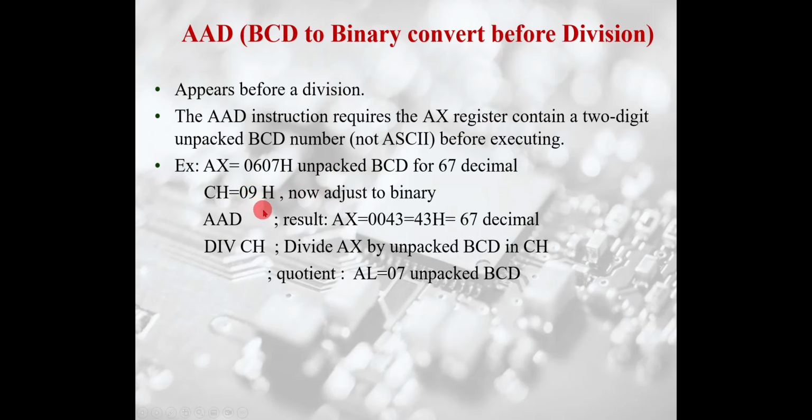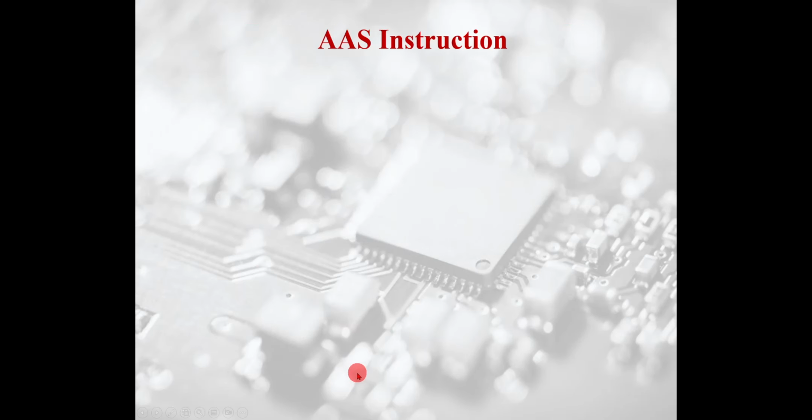If you have a BCD or ASCII number which you are picking up from your keyboard, we need to do the adjustment to get it into binary format before we do the division.